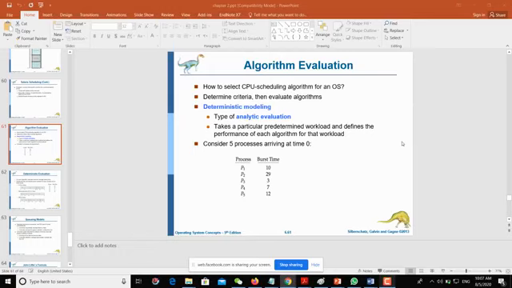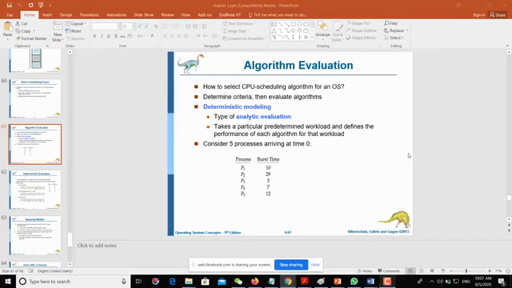Deterministic modeling. So what is deterministic modeling? If you want to determine the criteria, you need to use a deterministic model, a type of analytic evaluation. There are two types of evaluation.